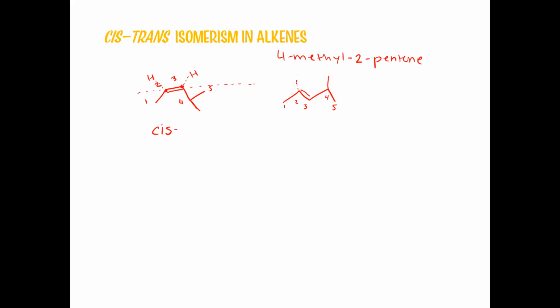This one, we'll do an H on that side, H on the other side to show them. And if you look at the plane, the H's are on opposite sides of each other. So this is trans. Trans means different sides. Cis means same side.